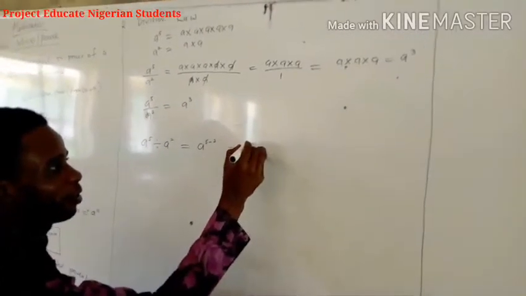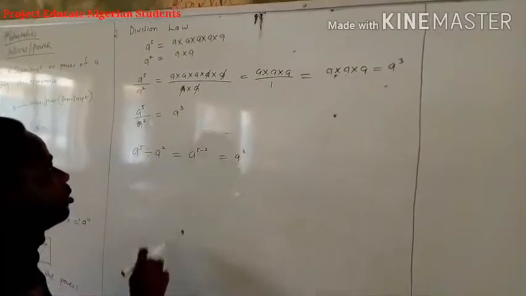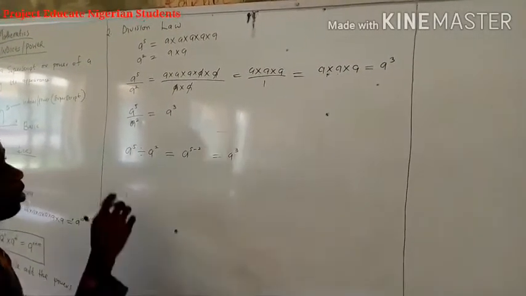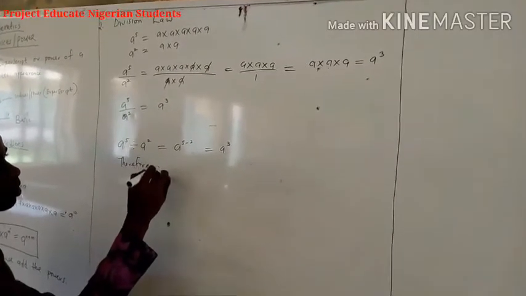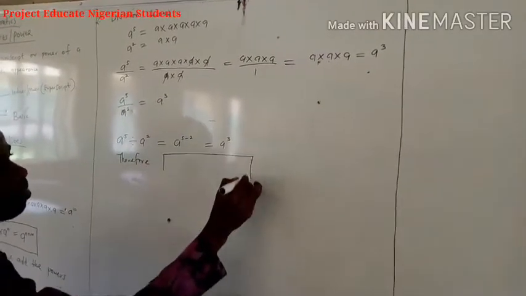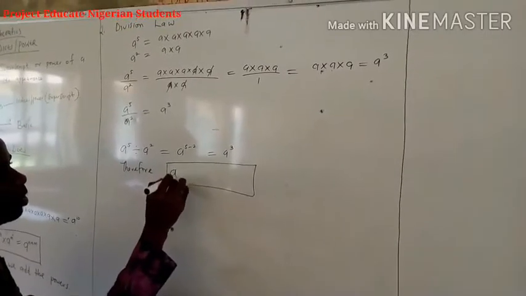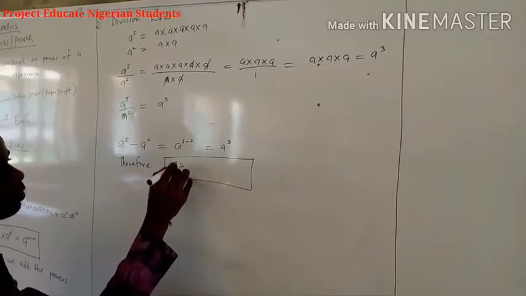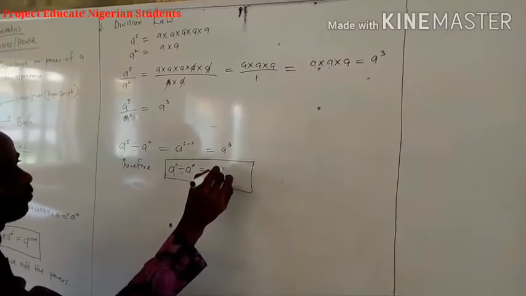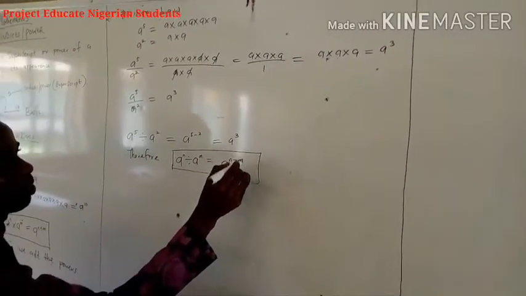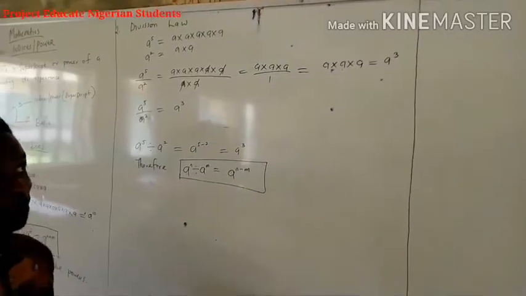So this is a raised to power 3. Okay, so the formula states that when you have a raised to power n divided by a raised to power m, it equals a raised to power n minus m. So this is the formula.